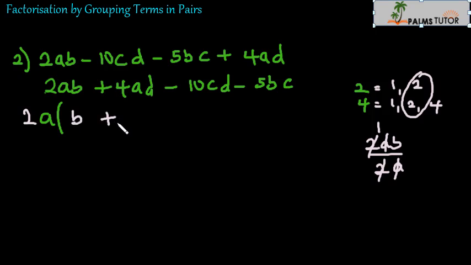Likewise, if we go ahead and do that, 4AD divided by 2A will give us 2D. So let's move here. What variable is common to the two of them? C. Let's look out for the highest common factor of 10 and 5. 10 and 5, what's the highest common factor? 1 can divide this, 2 can divide this, 5 can, and 10.